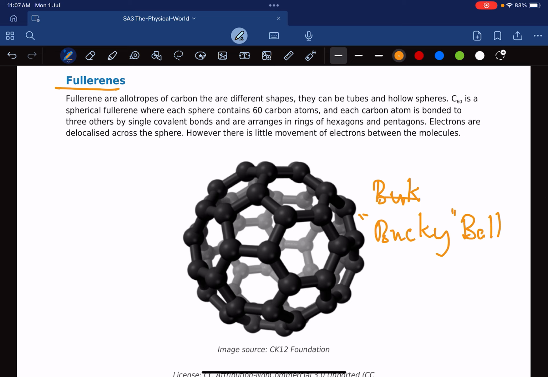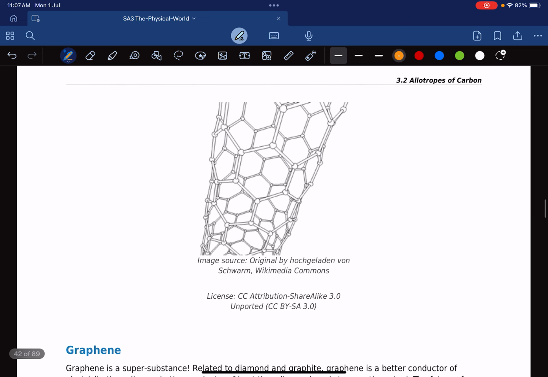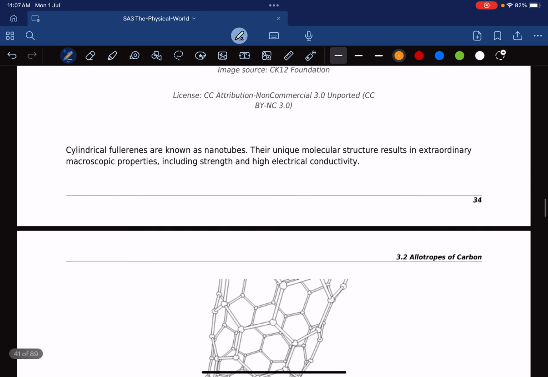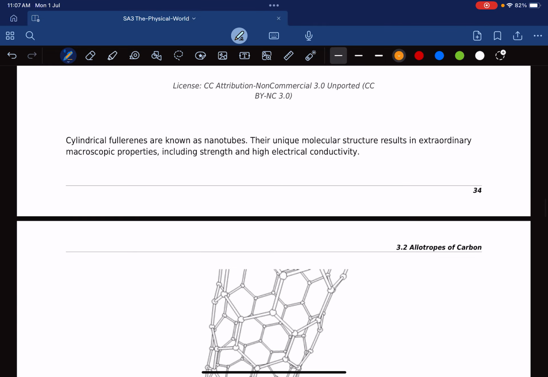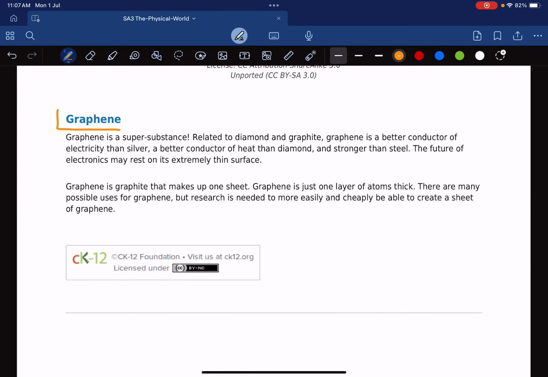It's like a football, and it's made up of 60 carbons. And then you also have this. These are called nanotubes. Cylindrical fullerenes are known as nanotubes. They are long tubes. And then one of the materials which is now becoming very, very popular is graphene.